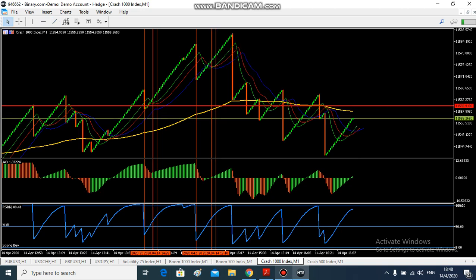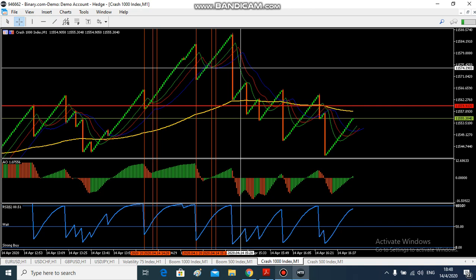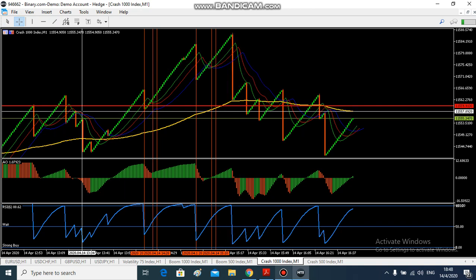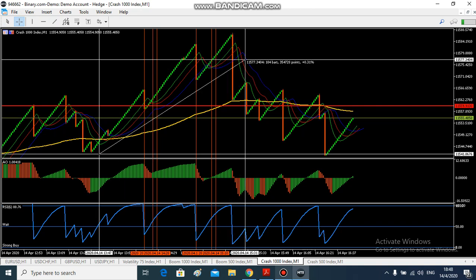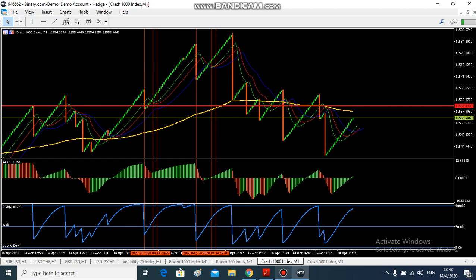So basically, this is how you scalp. The reason why in Crash, remember, we're always looking for an uptrend. Price is trading above it, so we look for spikes. In an uptrend, the spikes are weak for Crash.